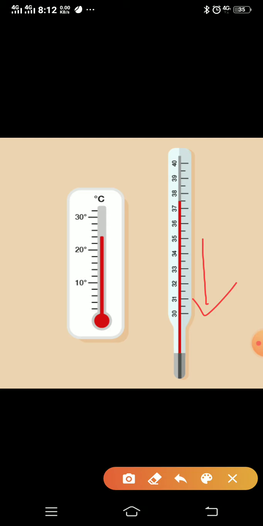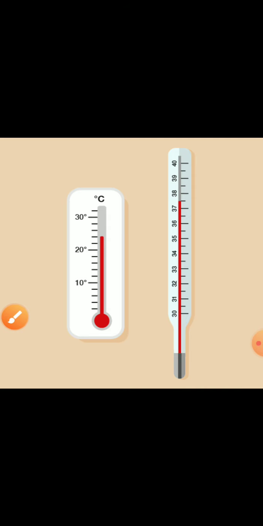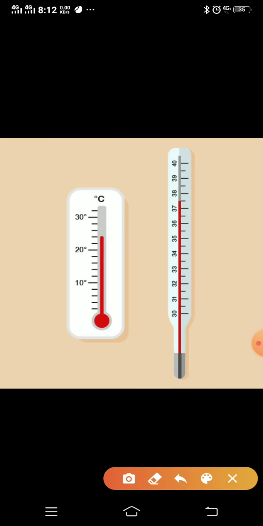Just look at how much temperature you see now. It is divided into 10 divisions, and 5 divisions is this, so we can write it as 22 or 23. Similarly, in this case it is 37.5.